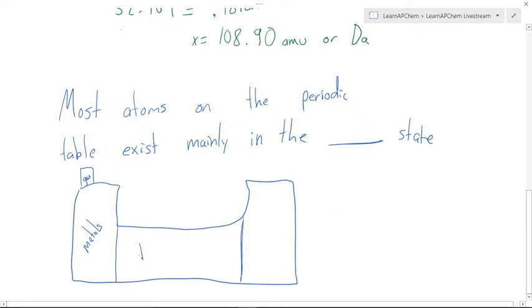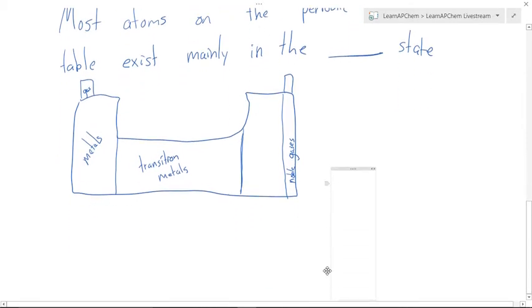Here are the transition metals. Over here we have a bunch of different things. Here are the noble gases. We also have the halogens and other sorts of stuff. And then, if you really want to get picky, we can also put in the lanthanides and actinides below.